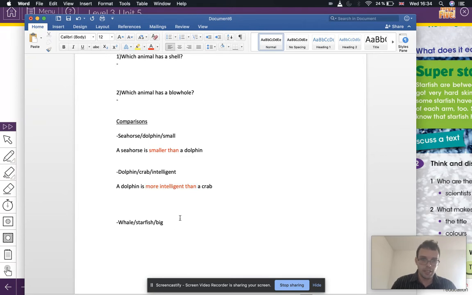Excellent. Okay, and now we have one more, and we're going to compare a whale, a starfish, and we have the adjective big. So which animal is bigger, a whale or a starfish? Do you know? That's right, you got it. It's a whale. So let's write our sentence.